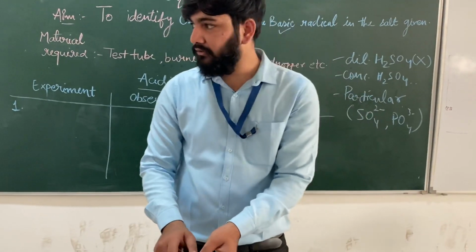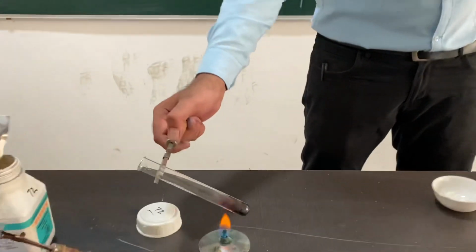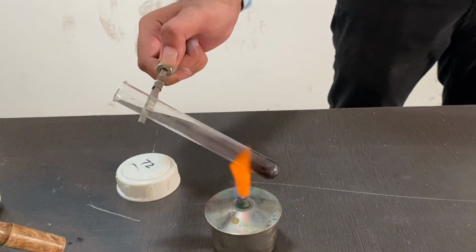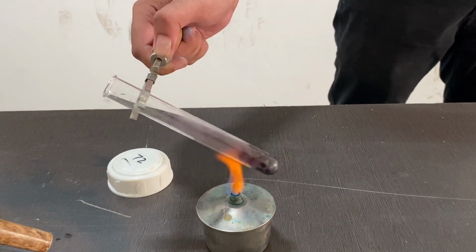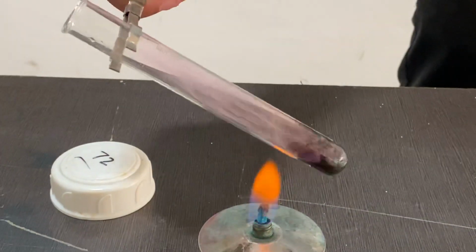Again, we will need to heat the test tube. Now you can see a very light purple coloration is taking place here.